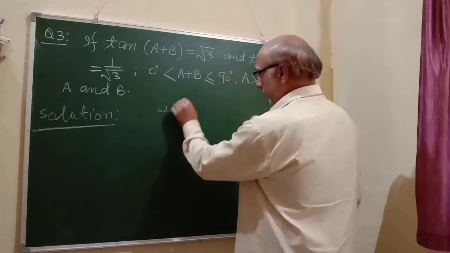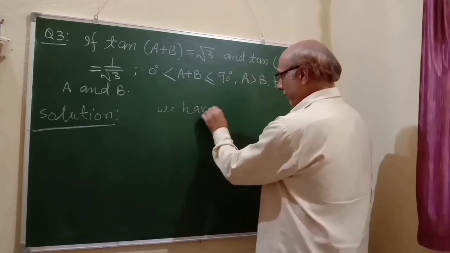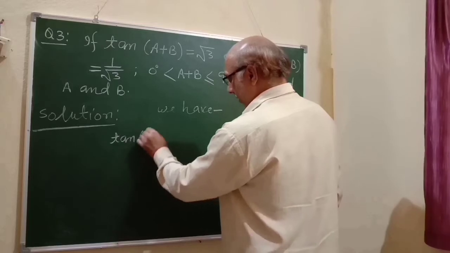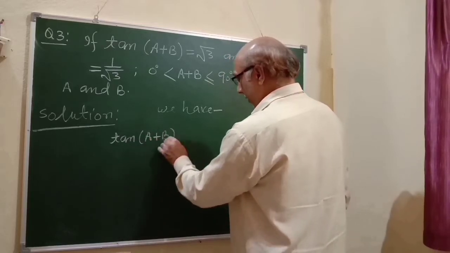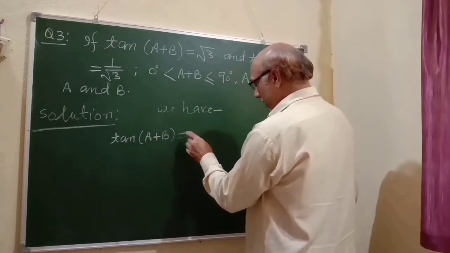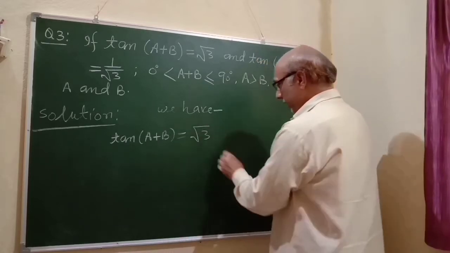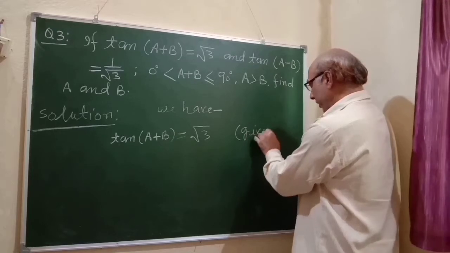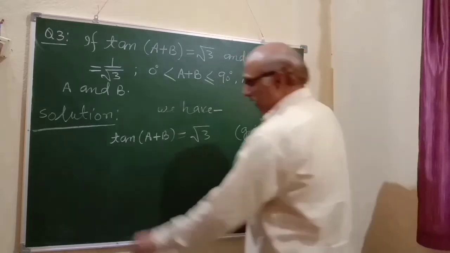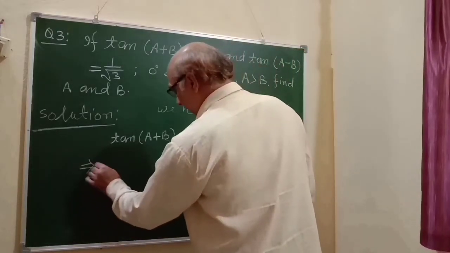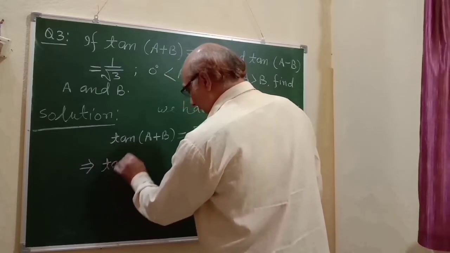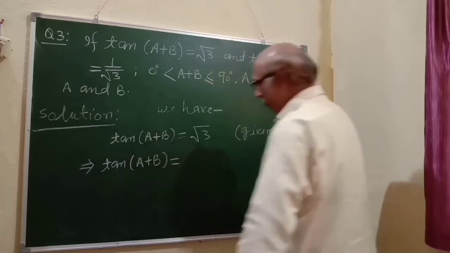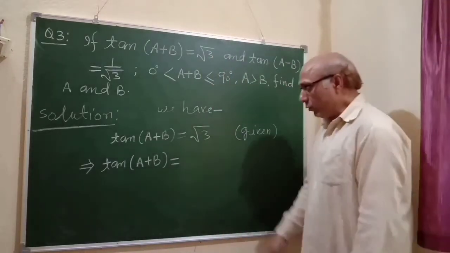We have tan (a plus b) equal to root 3. This is given in the question, and this implies that tan (a plus b) equals root 3.